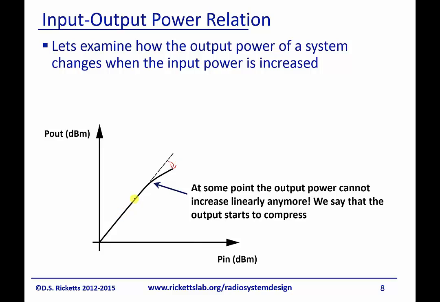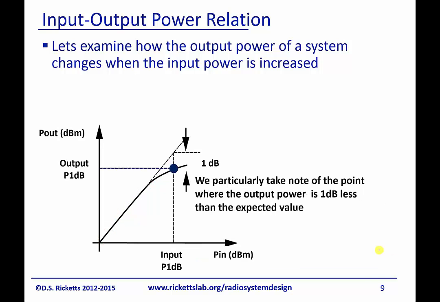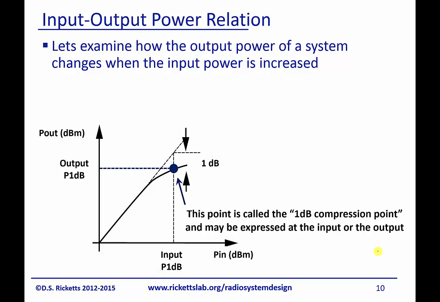In this region, we've got a nice linear power gain. Here, we're starting to compress and get out of that linear region. And so we particularly take note when the output power drops 1 dB less than the expected value. When this point is 1 dB below, that's a metric where we say, at this input power, we're really leaving the linear range. And we call this point the 1 dB compression point.